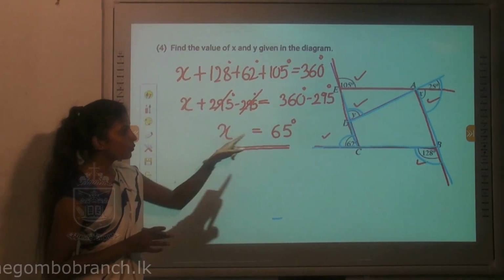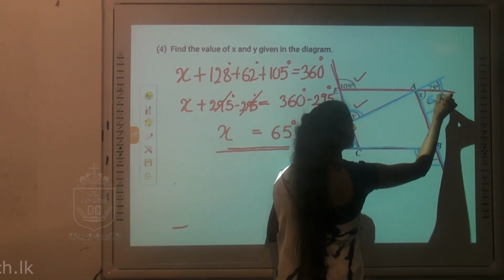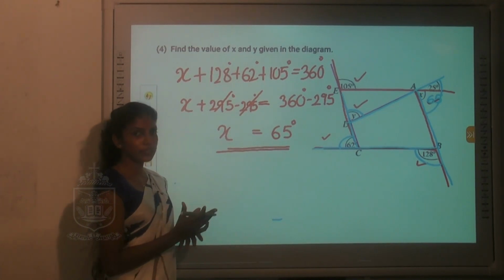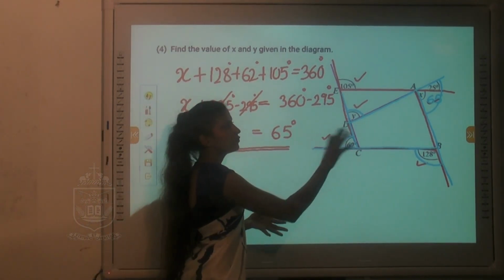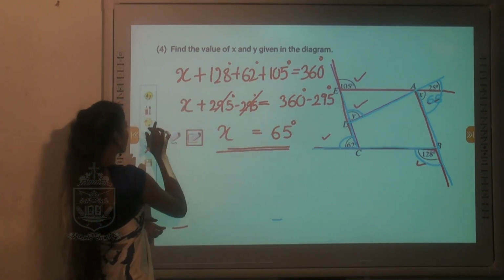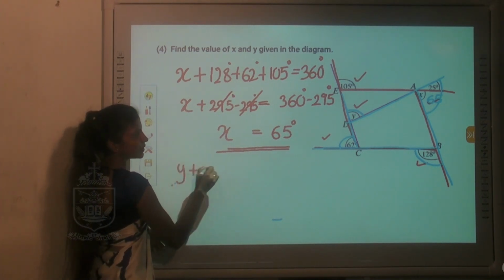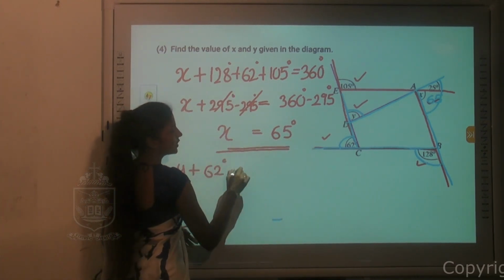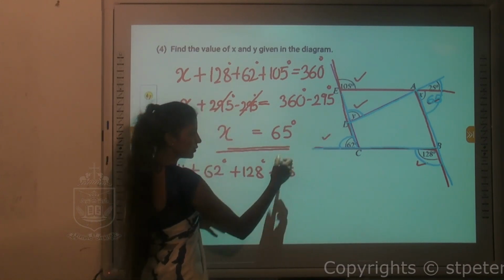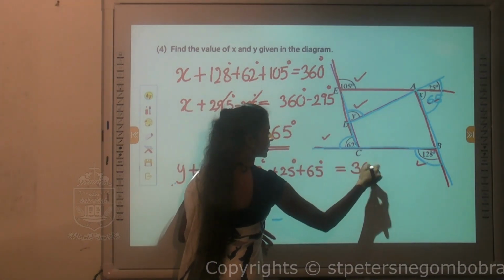Now we already found the value of x, that is 65 degrees. So you can add both angles and find the total, and then add all four exterior angles so that you can find y. So you can add y plus 62 degrees on this side, 128 degrees plus 25, and 65, equal to 360 degrees.